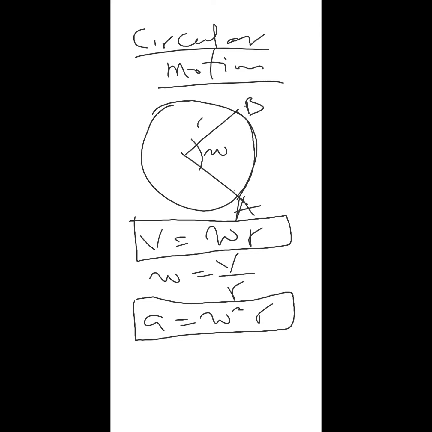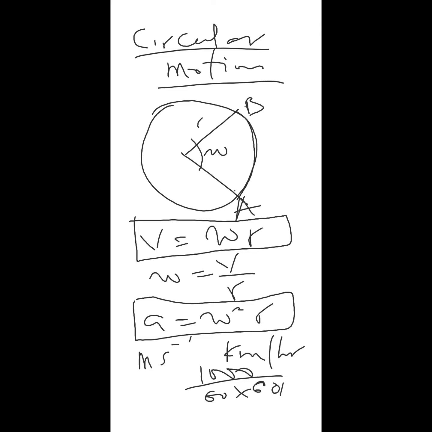All right. Note that to convert from meters per second to kilometers per hour, very simple. Meter per second to kilometer per hour. A kilometer is 1,000 meters, all over 1 hour, which is 60 times 60.